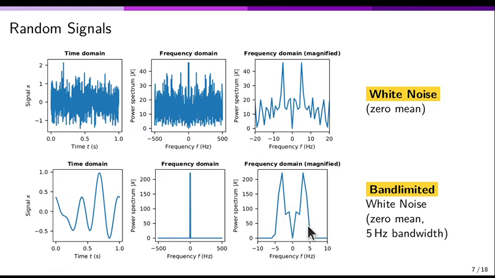That keeps this symmetry, and it means that when you do the inverse Fourier transform, you get a real output and not a complex number output. Maybe that made sense, maybe it didn't. My point is, I want to generate band-limited white noise signals with some maximum upper frequency.